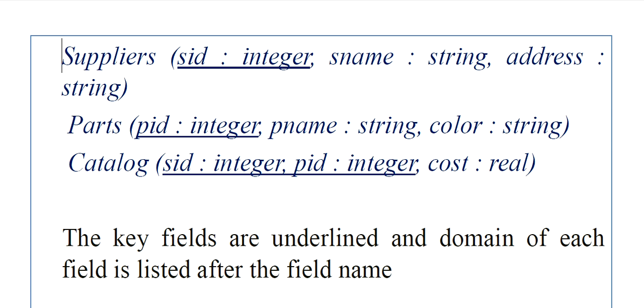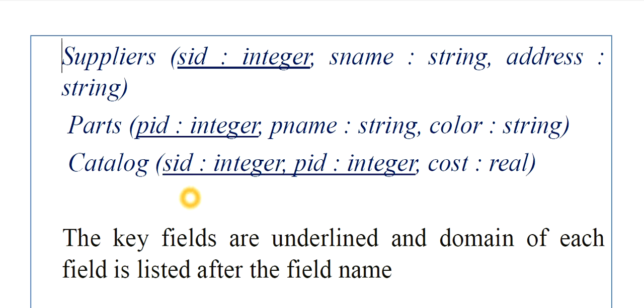Now you have seen that the suppliers table gives us information about different suppliers with their ID, name, and address. Parts gives us information about different parts, which is ID, name, and color. Then catalog gives you information about the cost of those parts and which suppliers are providing them.